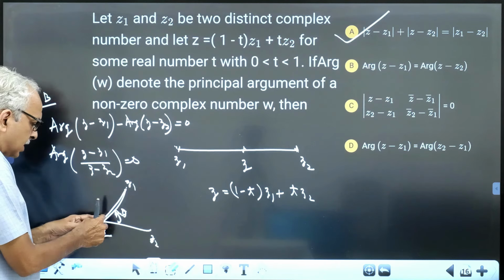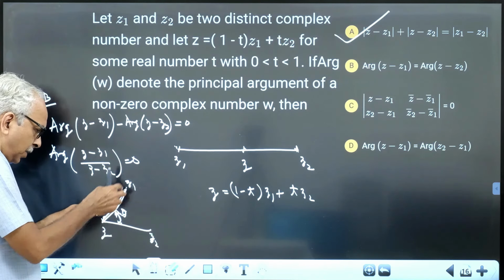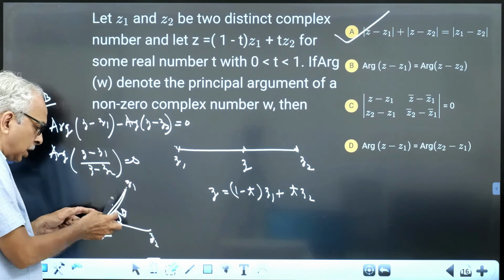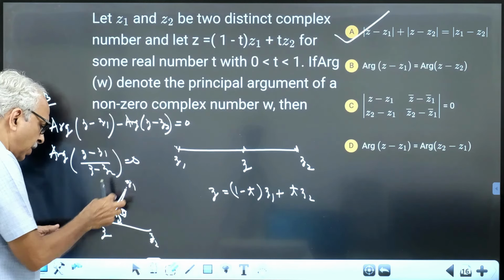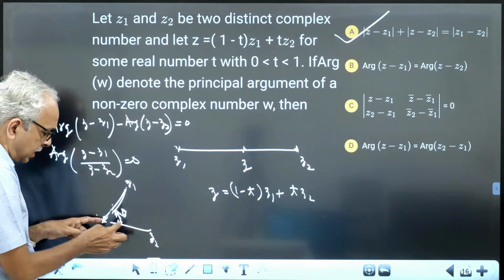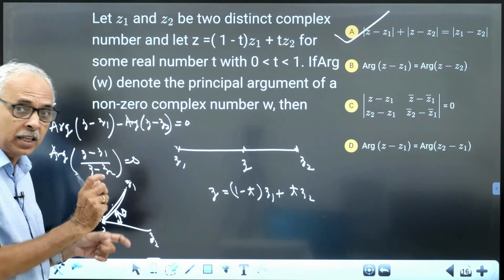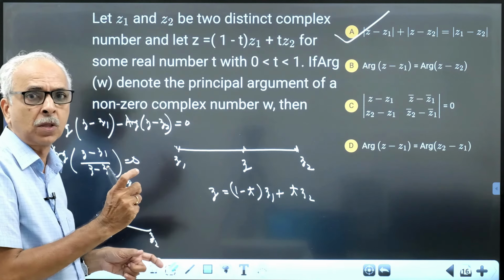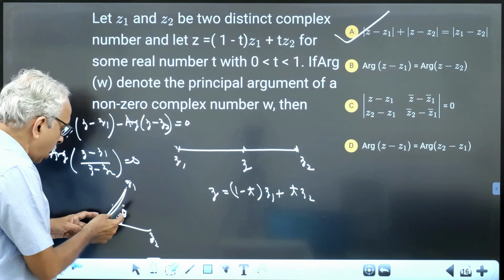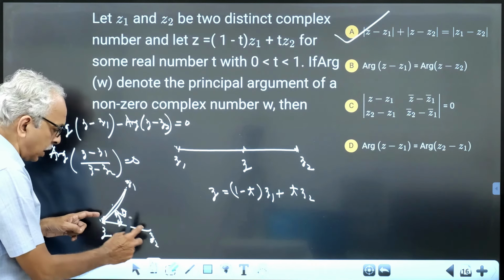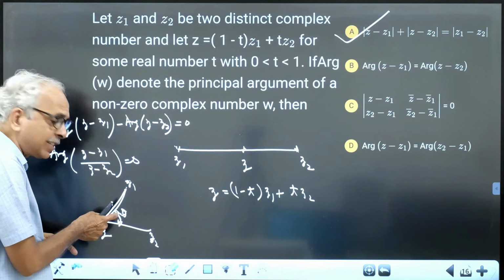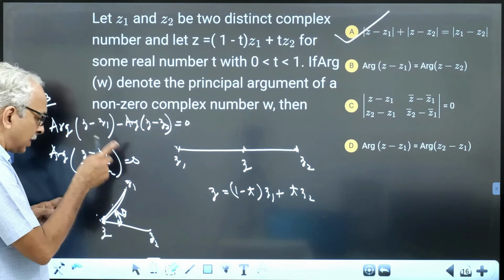It is the difference of the complex numbers where the arrow ends. This we have discussed in the previous question; you have to go through that. Argument of (Z1 minus Z) by (Z2 minus Z) is theta. Here theta is 0. That means what?